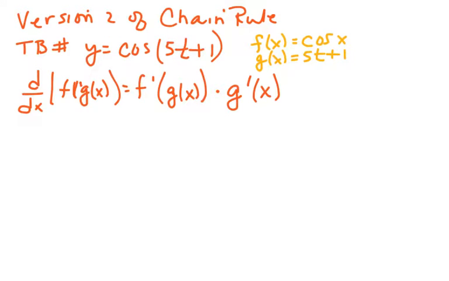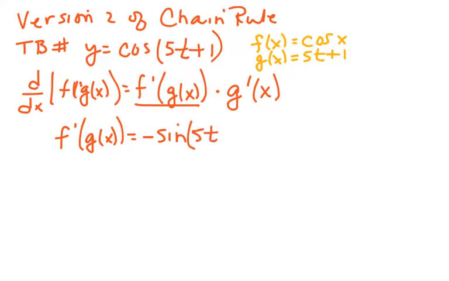So using this rule that I just laid out, the derivative of the outer function, the derivative of cosine, I'm going to compute this right now. We all know that the derivative of cosine is negative sine, and the inner just goes along for the ride. So this is 5t plus 1. So that's your first piece.